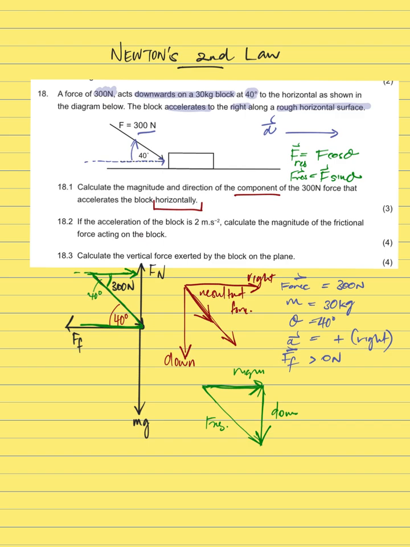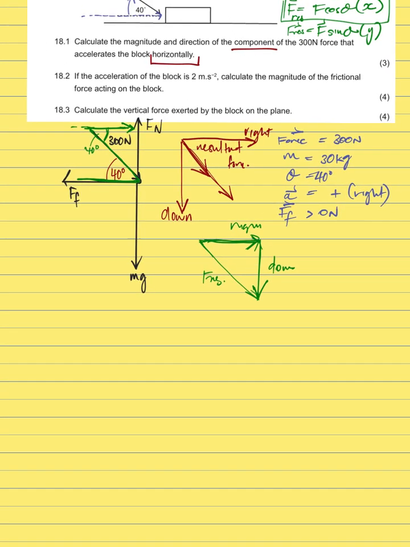And if I'm looking at F of x, remember it's going to be the x components formula, which is cos theta. So for 18.1, it's going to say F of x is equal to F cos theta. Now the magnitude of the force I know is 300 newtons, cos, and the degrees that we're working with, we have a look here, I have 40 degrees.